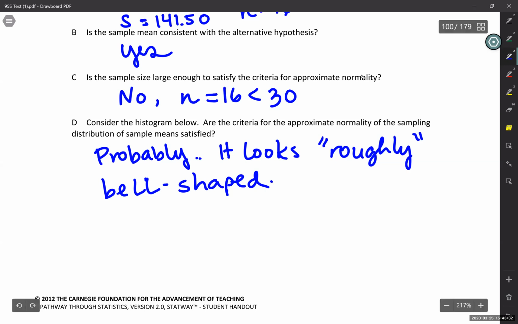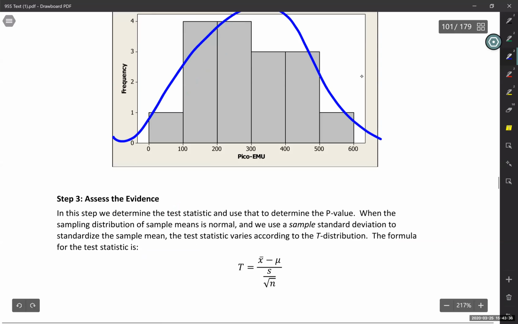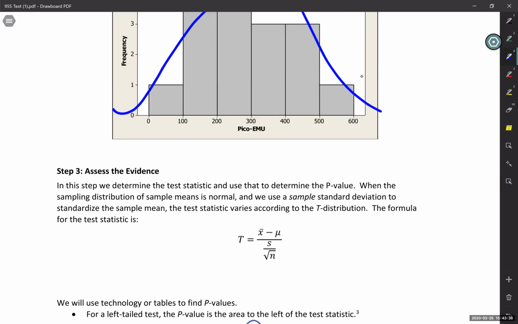There we go. Okay, so looking at this, we are going to be using a test statistic. And so the test statistic, because we are using mean, because we are using the mu, just like we did in chapter 8, that means we're going to be using the t-table, and we're going to be, in this example, calculating a t for our test statistic.